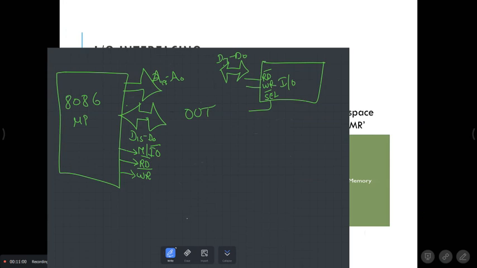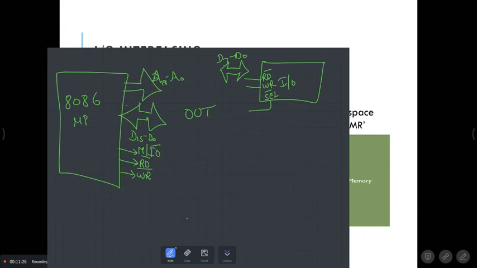That means whenever the out instruction is executed by the 8086 microprocessor, the data will be put on the lower order data lines. Suppose you are putting only 8-bit data, you don't require the higher order data lines, right? Only the lower order data lines, that is, 8-bit data will be put into this IO device.